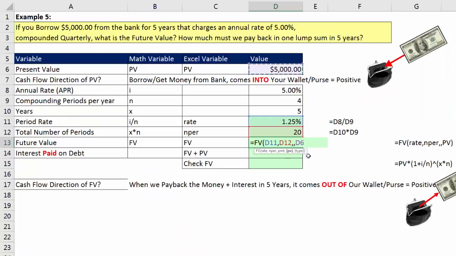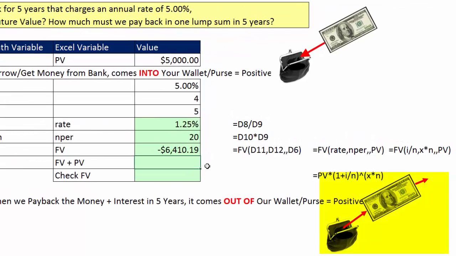We skip type because we're not doing period payments. Now when I hit enter, watch what future value does. It's smart enough to know that at the end of all those periods, that's the amount coming out of your wallet or purse. There it is. 6,410.19 goes to the bank.